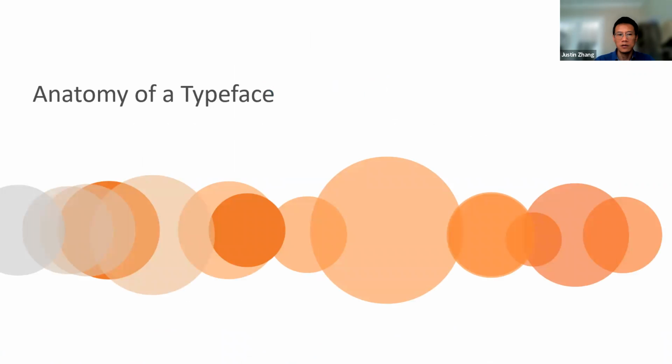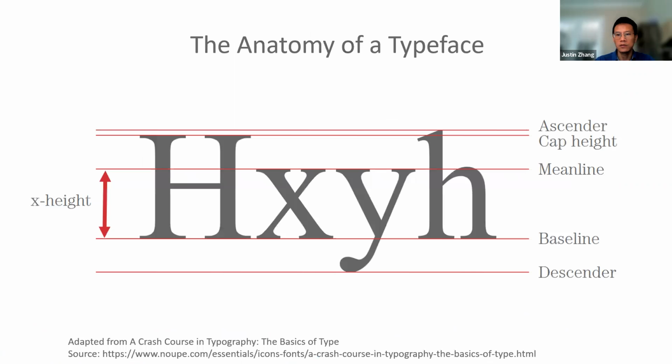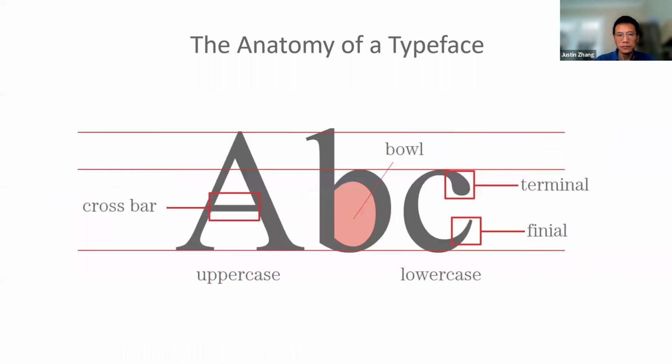So let's see the anatomy of a typeface. Here you see different terminologies and their meanings, like ascender, descender, mean line, cap height, baseline, x-height. They denote different parts of a typeface.